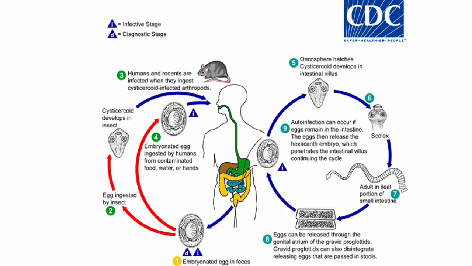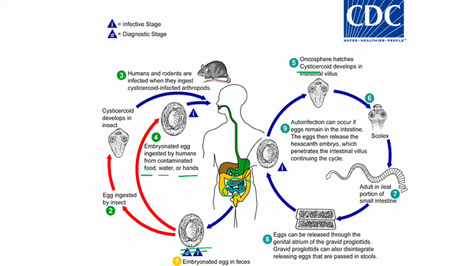So there are 2 ways on how Hymenolepis nana may develop within the host. The first one is the direct life cycle. In this life cycle, embryonated eggs are directly ingested by humans through contaminated food, water, or even fecal-oral route through their hands. So embryonated eggs will be dislodged in the small intestine to become the cysticercoid larva.